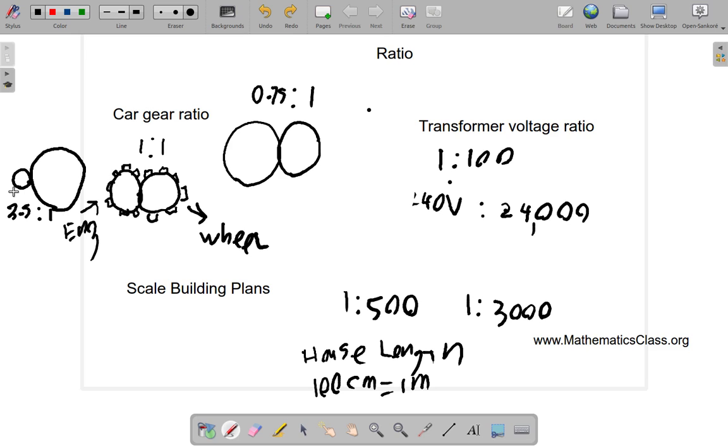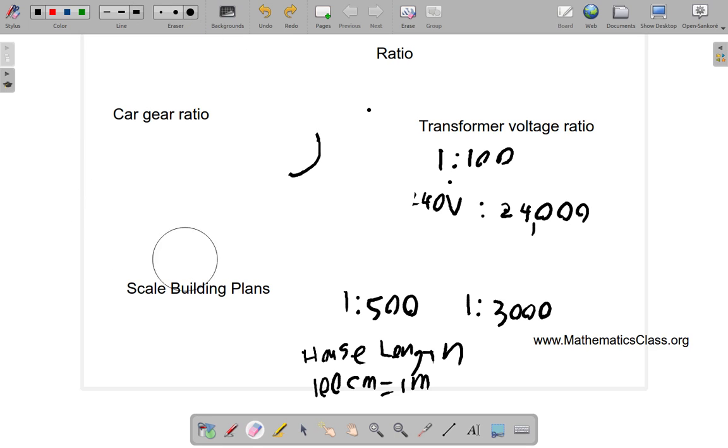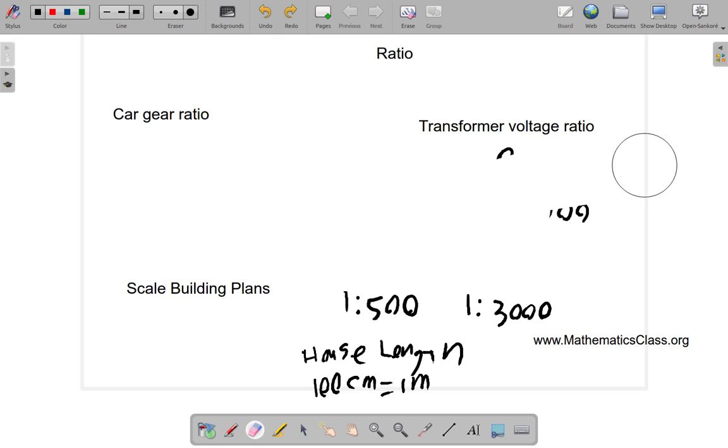The advantage of the first gear is that even though it's slow, it's strong. The fifth gear is weak, but it's fast. So you're dealing with gear ratios when you're talking about the gearbox of a motor car. That's another example when you have to deal with ratio.